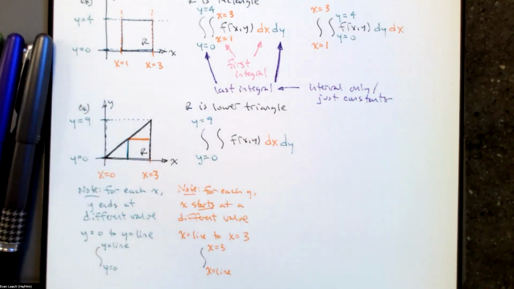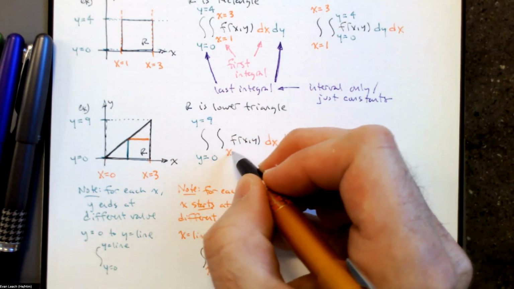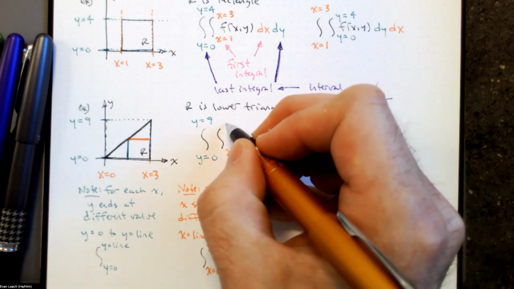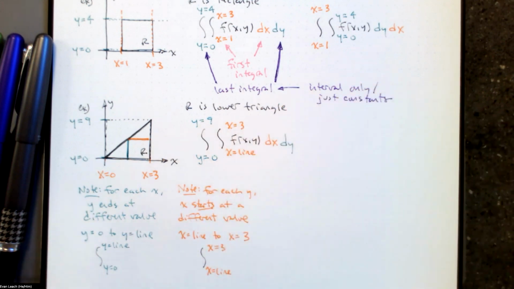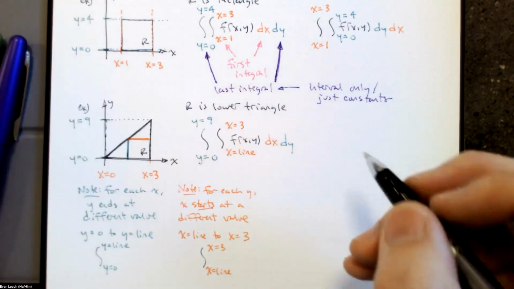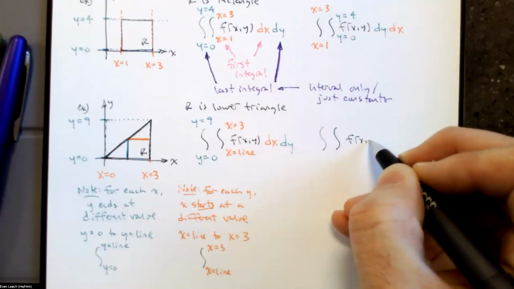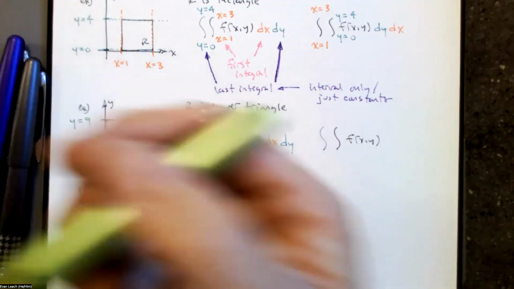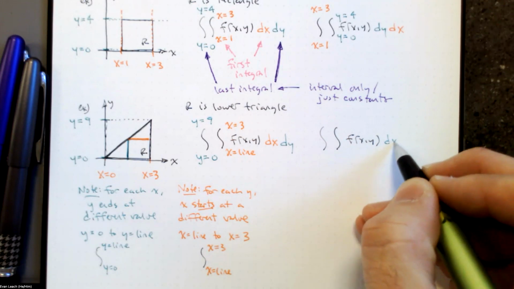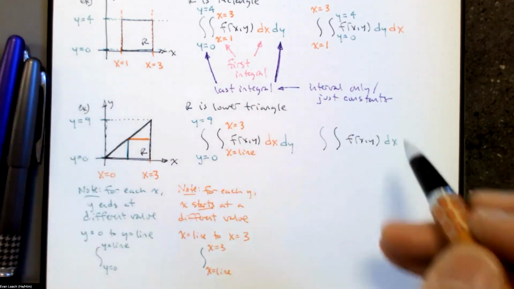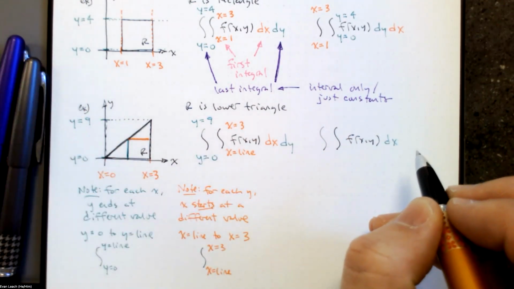That means to describe this triangular bit, this is where I'm going to have the line show up. X will go from the line and stop at 3. In the other order, dy dx, where dx is the last integral, or sorry, dy is the last integral.